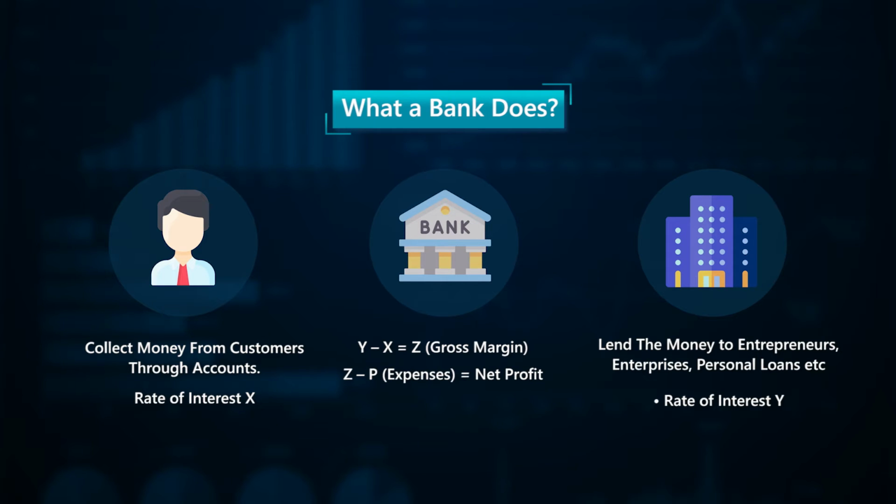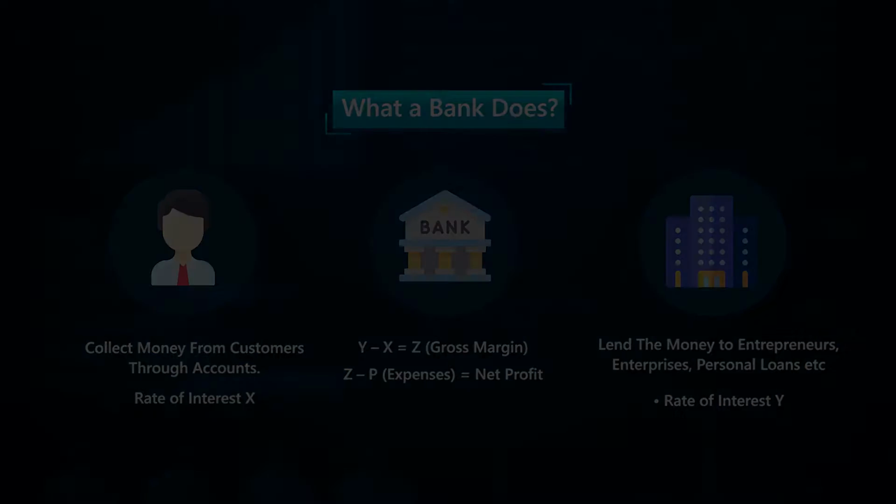Let's call it P, and it has a net profit which would then be Z minus P. So far, so good. We have very, very crudely put across how a bank earns money, how a bank spends money, and what is its profit.